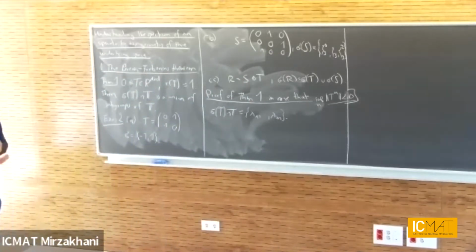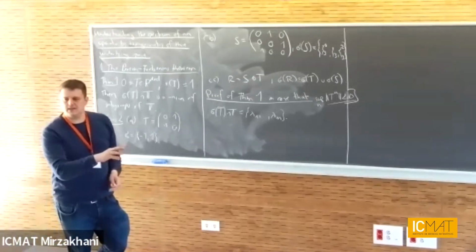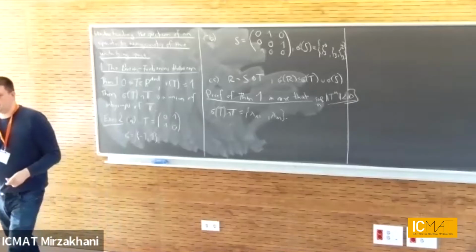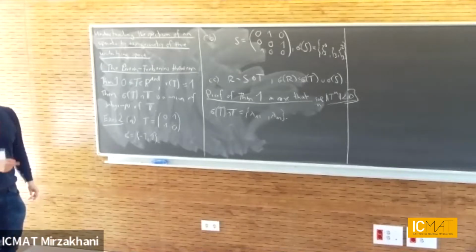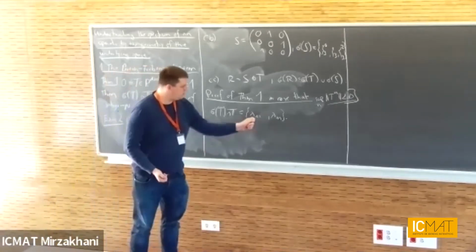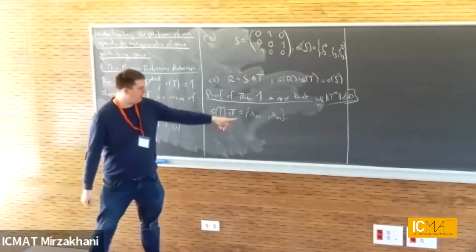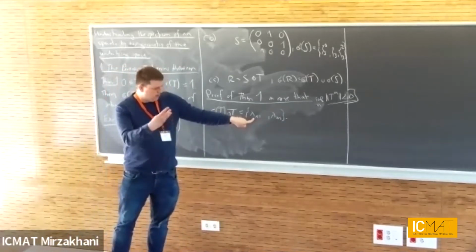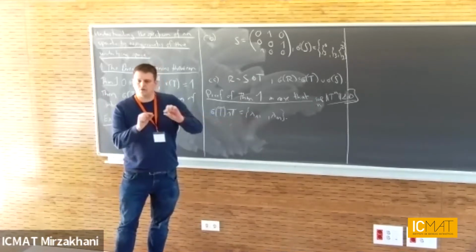Now, those are eigenvalues. I claim those eigenvalues are semi-simple. What do you mean by semi-simple? This means the geometric multiplicity coincides with the algebraic multiplicity. Or in other words, if I consider the Jordan normal form of this matrix, then the Jordan blocks that belong to those eigenvalues are all trivial. Yeah? They might have geometric multiplicity strictly larger than 1, but the Jordan blocks are trivial.